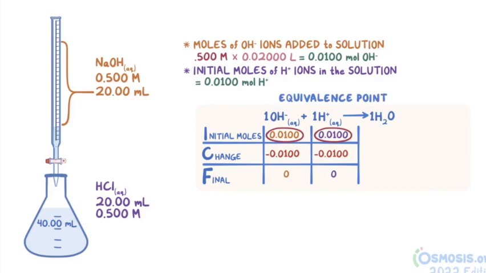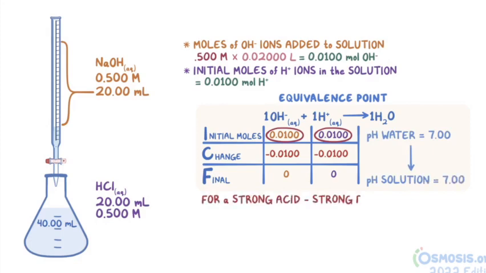Since H+ and OH- react in a 1-to-1 mole ratio to form water, all of the H+ and OH- ions are used up, which leaves only water. Because the pH of water is 7.00, the pH of the solution is now 7.00. So, for a strong acid, strong base titration, the pH at the equivalence point is 7.00.